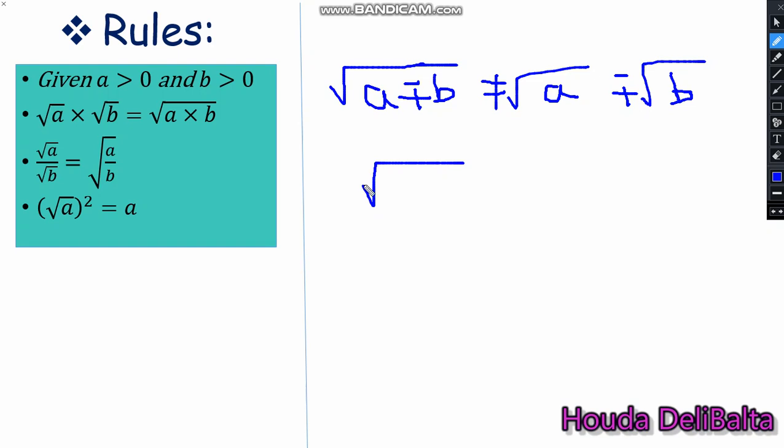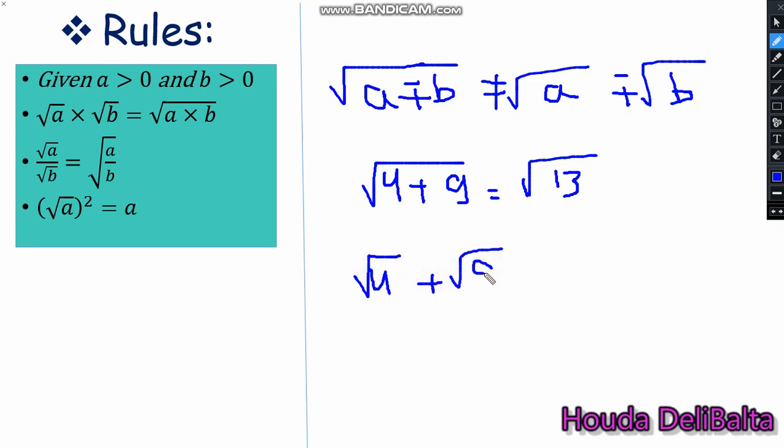If I want you to find radical 4 plus 9, what is radical 4 plus 9? It's surely radical 13, just adding 4 and 9. Now, if I split these radicals, to put radical 4 alone plus radical 9 alone, what should I get?